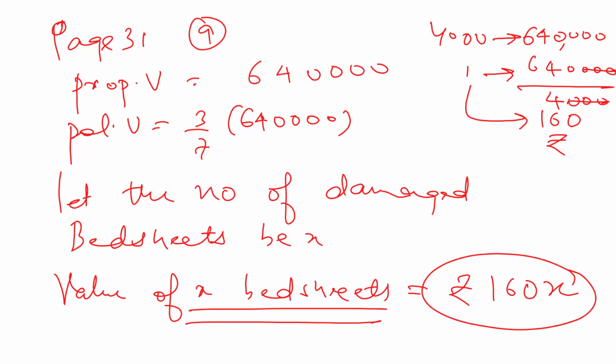They were reduced to 40% of its value. तो ये पूरा का पूरा लॉस नहीं हो गया, इसमें लॉस सिर्फ 60% का हो गया. See, the wordings used are "reduced to". So whenever "reduced to" is used, subtract it from 100. So the actual loss is only 60% of the value of x bed sheets.